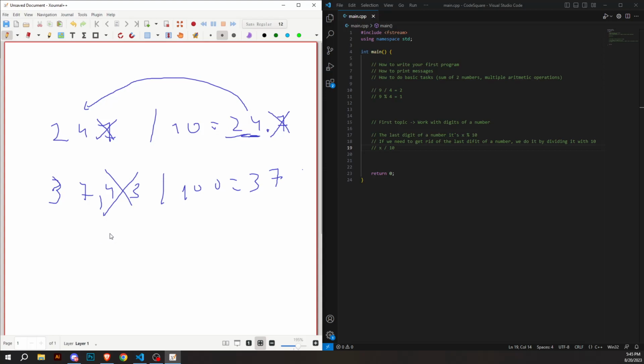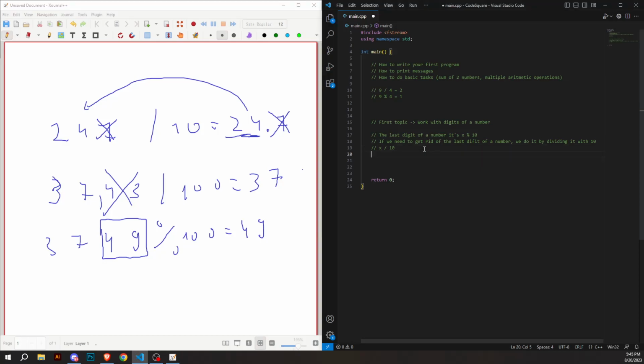Now, if we need to get the last two digits, so not get rid of them, but get as a value the last two digits, for example for 3749, we do the modulo 100. This again is divided by 100, and we will be left with the remainder that is less than 100, which is 49. So this equals 49.